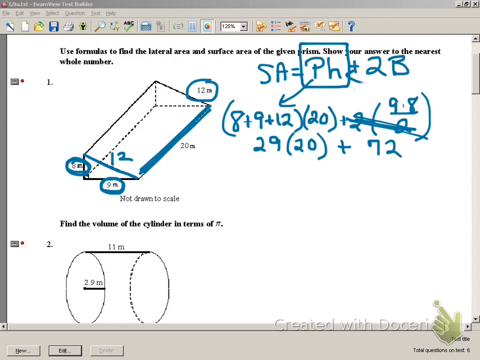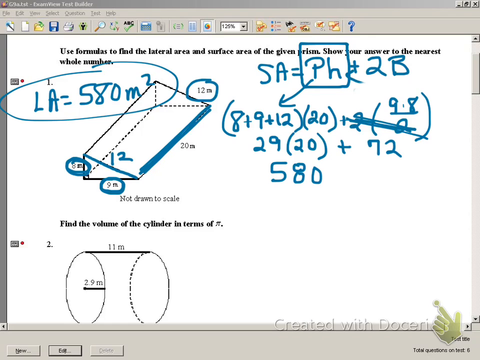So 29 times 20 will give me my lateral area of 580. So we can say LA equals 500, not 20, I was fixing to say 20, my bad. 580, and we are square meters plus 72.